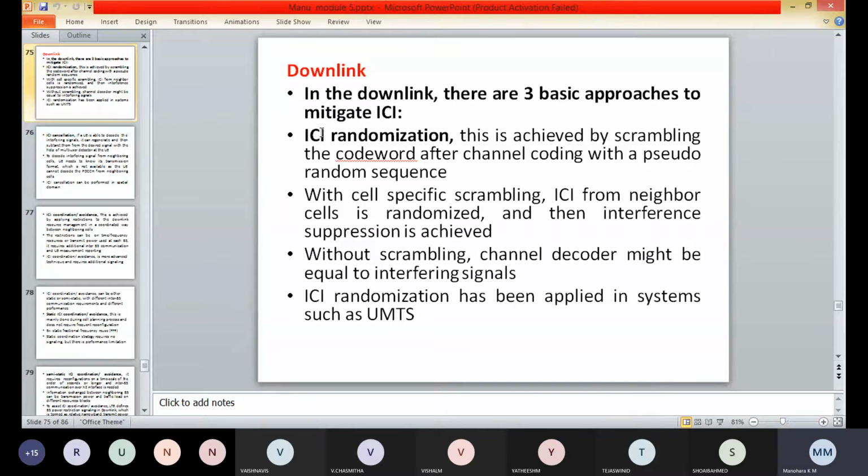Coming to the downlink, as I told, we have three approaches to mitigate ICI. First, ICI randomization is achieved by scrambling the code word after the channel coding with pseudo random sequences.